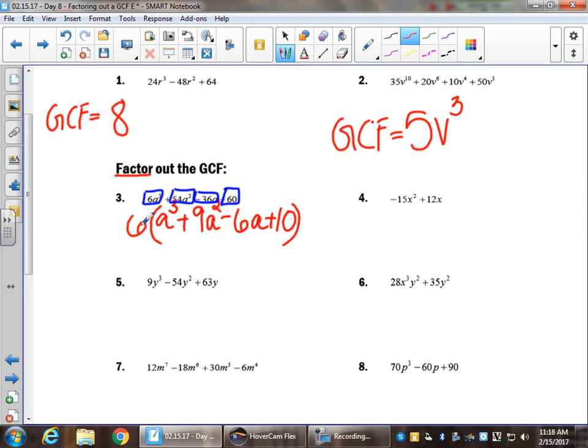What about for this one? What's our GCF? Write a little note to the side. When the leading coefficient is negative, factor out a negative.